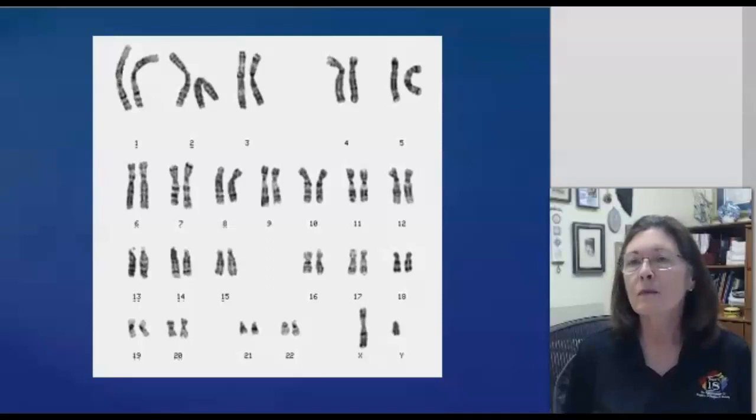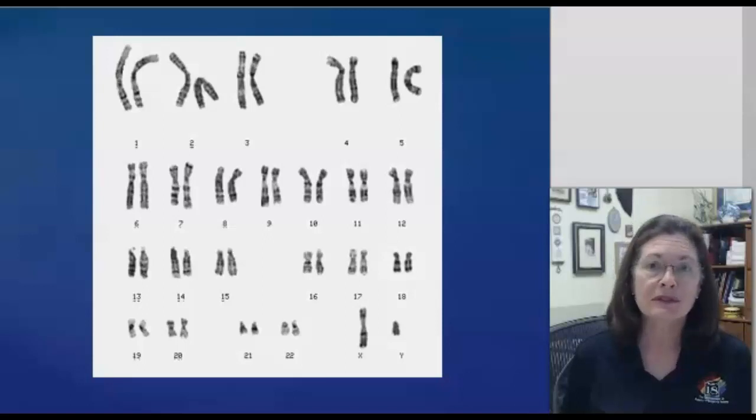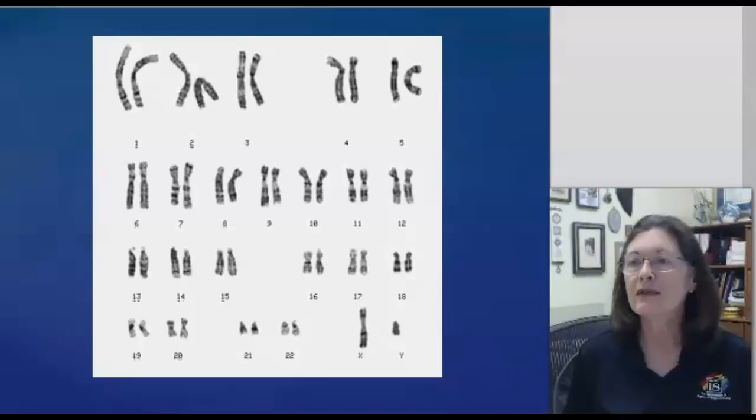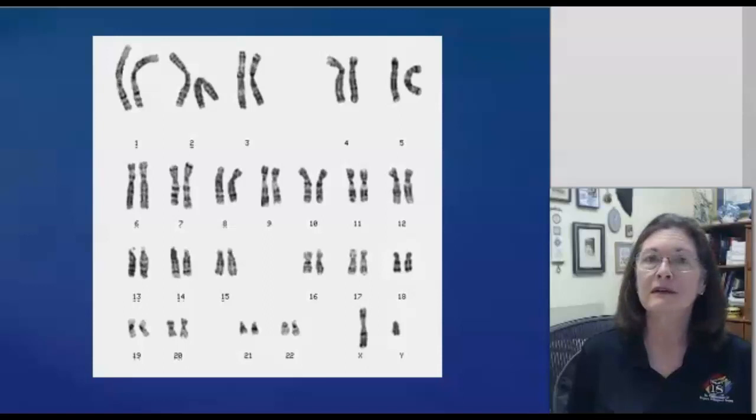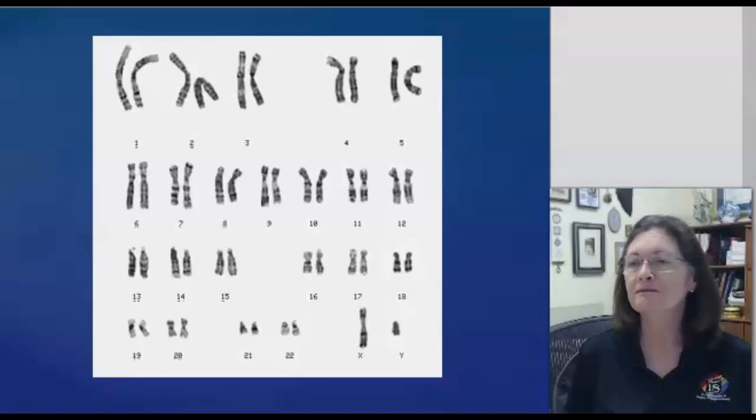When chromosome abnormalities were first discovered to be a cause of human variation, human disease, or human conditions, this was the technology that was used. In those days, you couldn't detect anything very small, as you'll know from the previous video.